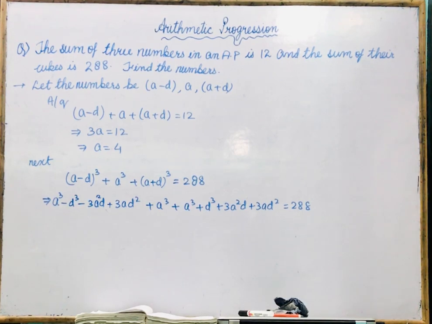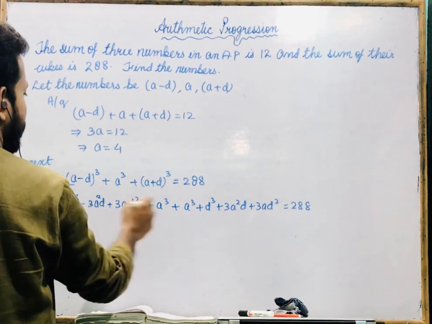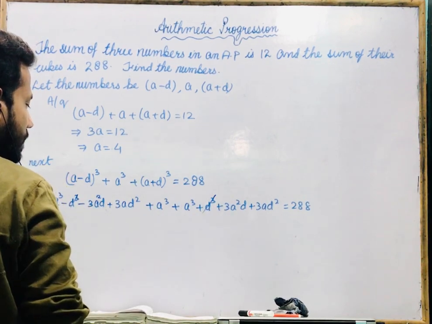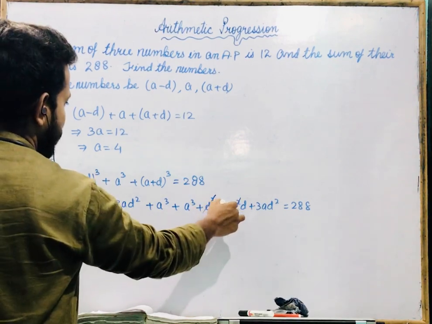Put the value of a. See, d cube and d cube will get cancelled. It will come 3a cube, 3a square d will get cancelled, 3ad square will remain. This part gets cancelled.